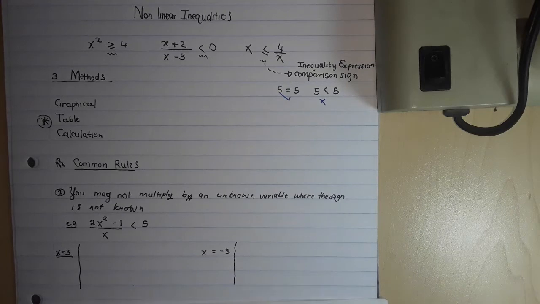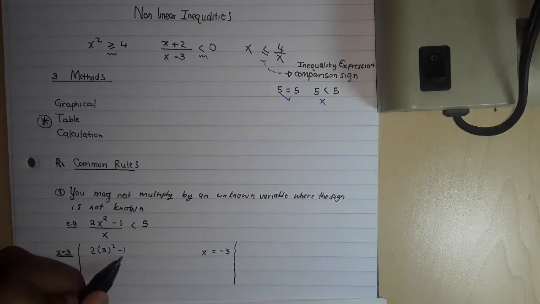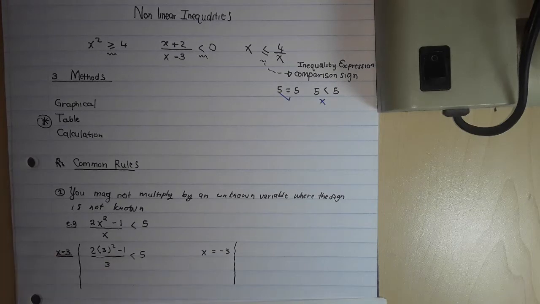On the first one, I'll just substitute x equals 3: 2 times 3 squared minus 1 over 3 less than 5. When we simplify this, we have 5.7 less than 5. Obviously this is not true.